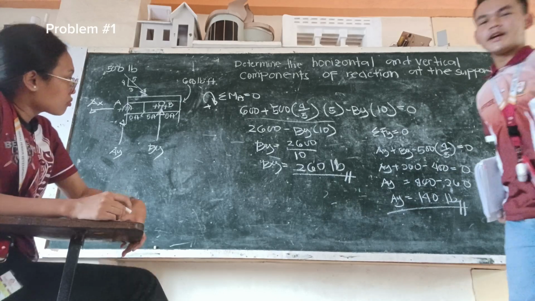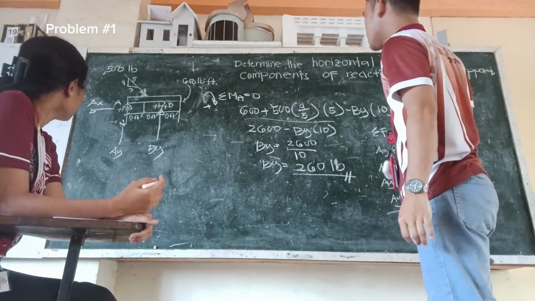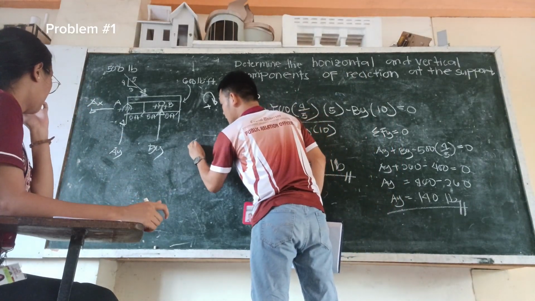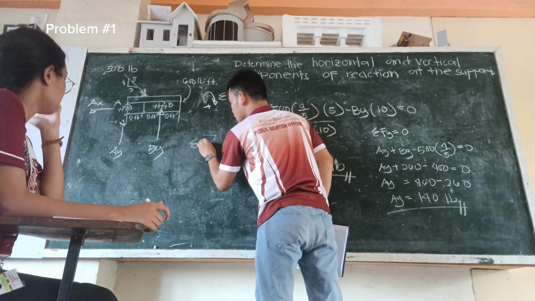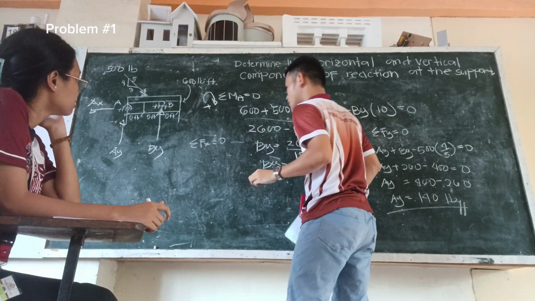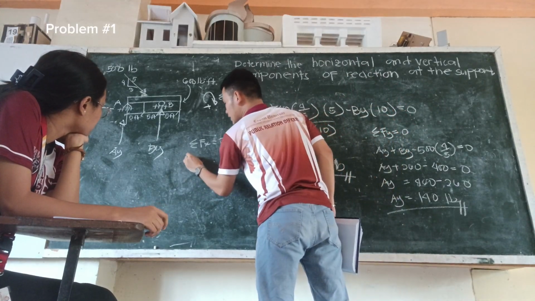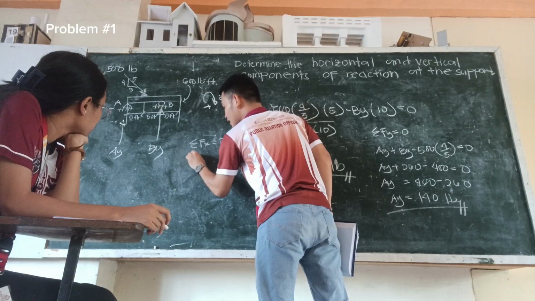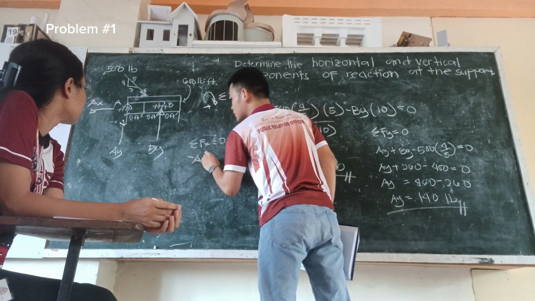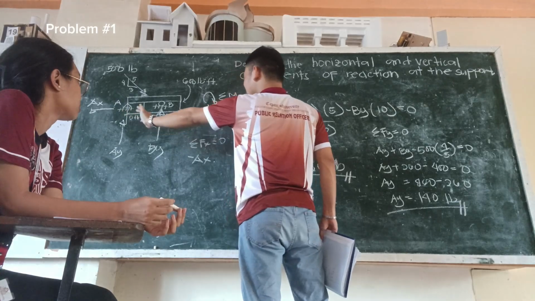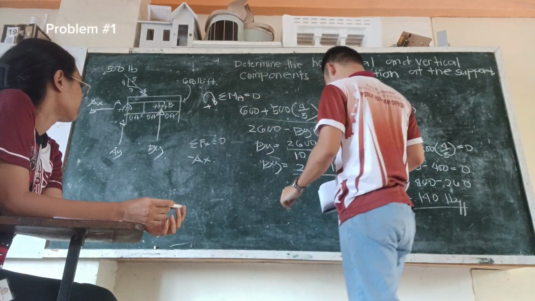Now, we are going to solve for the summation of forces along X. The summation of forces along X is equal to 0. The sign for the Ax is negative since it is going to the negative quadrant, or going to the left.